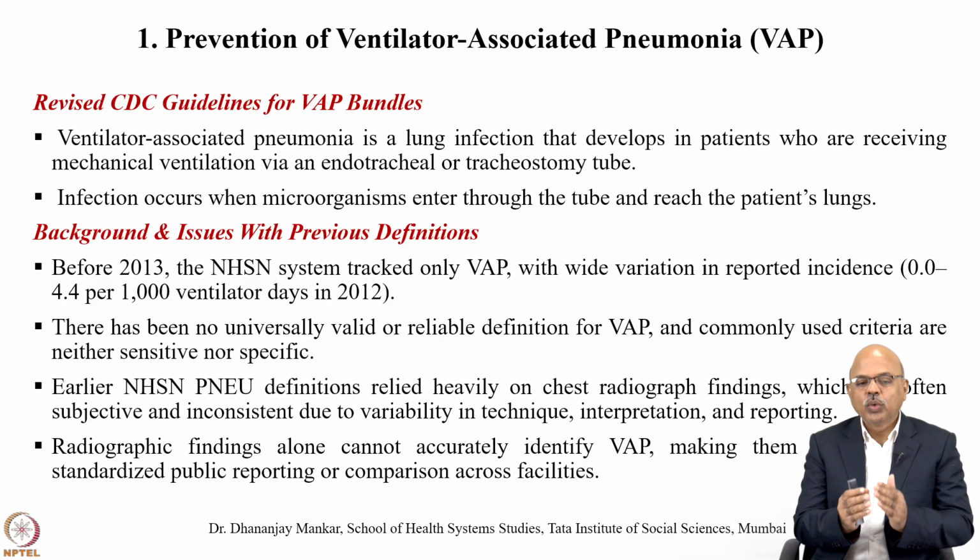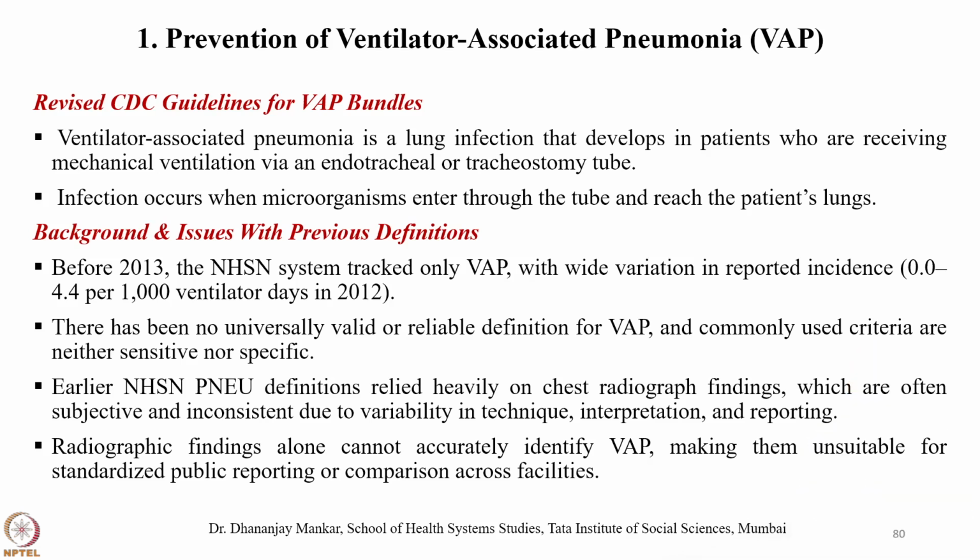There has been no universally valid or reliable definition for VAP, and commonly used criteria are neither sensitive nor specific. The earlier NHSN PNEU definition relied heavily on chest radiograph findings, whether the pneumonia has developed or not, which are often subjective and inconsistent due to variability in techniques, interpretation, and reporting.